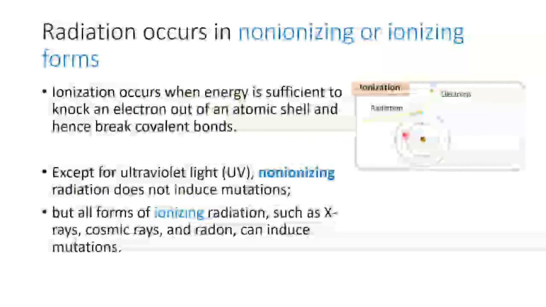However, the second type, known as non-ionizing, as its name says, will not produce an ion. All ionizing radiations induce mutation.